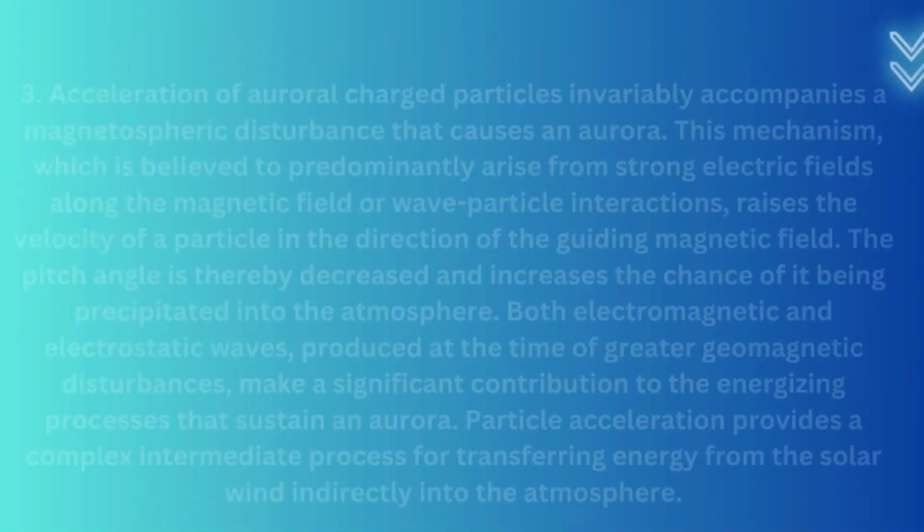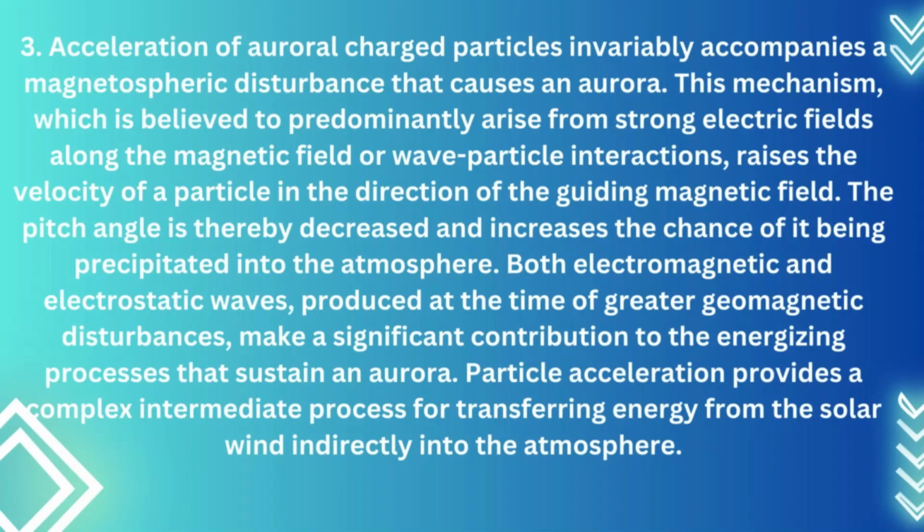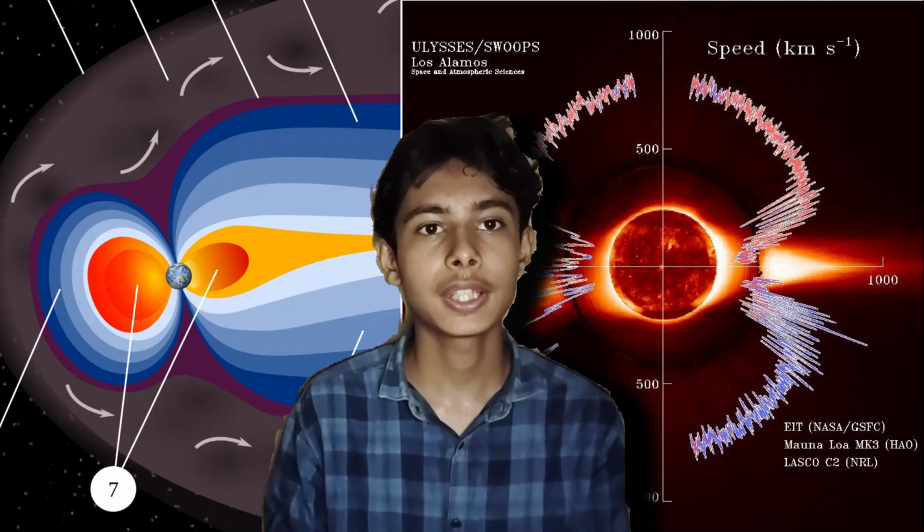I'm not paying too much attention to this topic because the details of these phenomena are not fully understood. However, it's clear that the prime source of auroral particles is the solar wind feeding the magnetosphere.